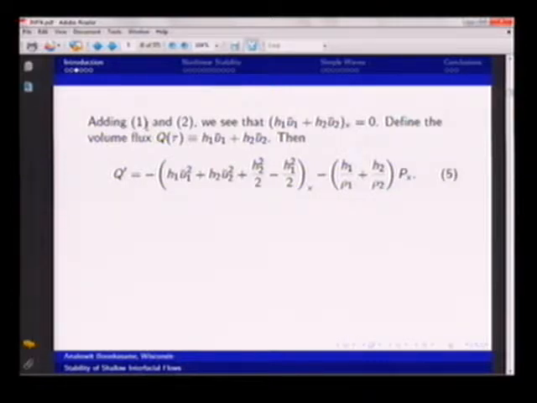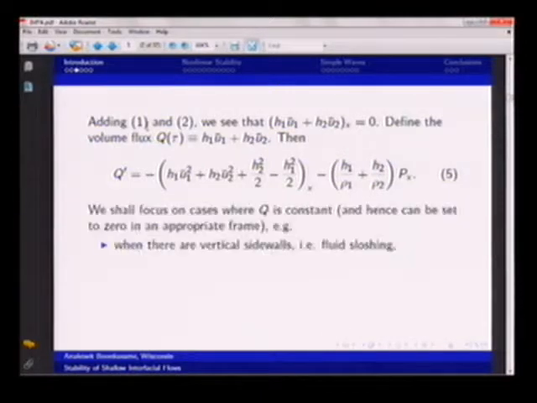Now, if I find Q prime as a function of tau, I get an expression that looks like this. For the purpose of this talk, I'm going to look at the cases where Q is constant. And if Q is constant, then I could work in an appropriate frame and say that Q is 0.